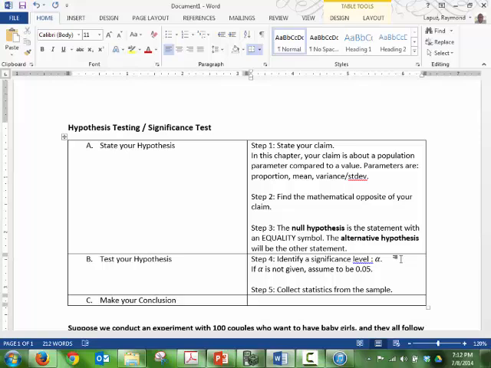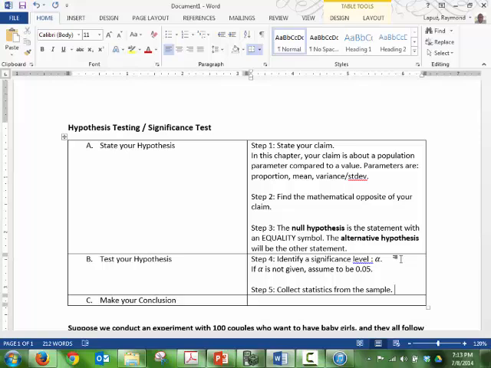So what we want to do now is read through our problem and find the important statistics that we will need to use. In doing this, we're going to collect statistics and then use a special formula. I'm trying to think if it's in step 5 or step 6.